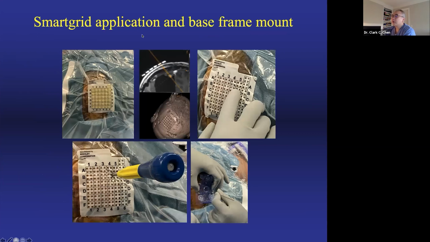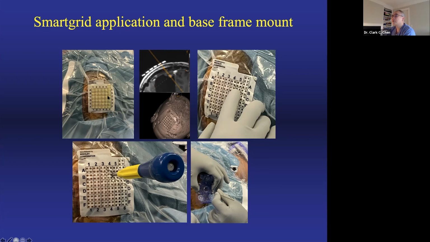Now, what is the workflow? Well, the ClearPoint system does not require a preoperative MRI, which many of us do before surgery. The MRI is done entirely during the surgery. The first step in the procedure is to place the so-called SmartGrid. This is a grid that you see here in the left upper corner. Essentially, these grids are divided into 26 quadrants, each of which has a single collection of contrast-enhancing material.